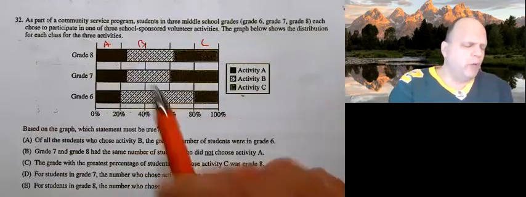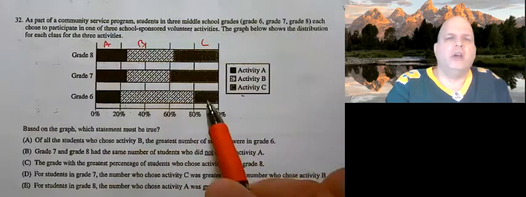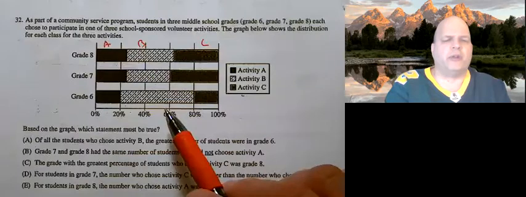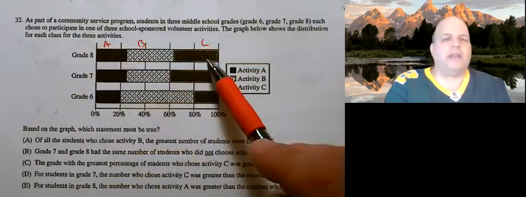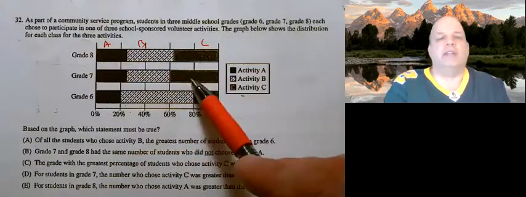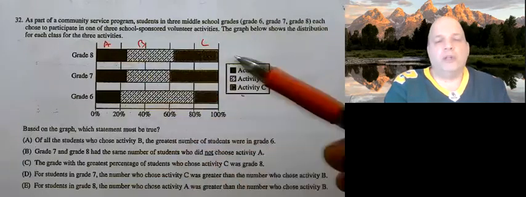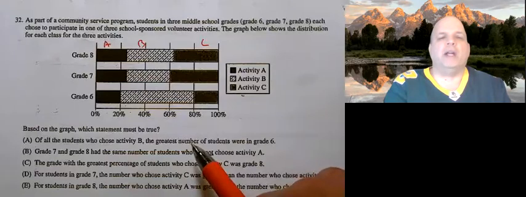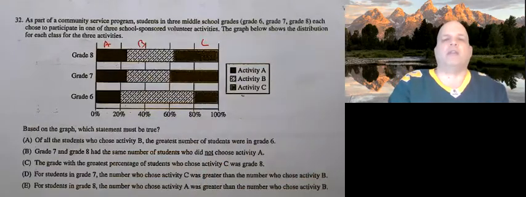Now notice, we know the percentages, but we have no idea as to how many 8th graders, 7th graders, or 6th graders there are. There might be 1,000 8th graders and 5 7th graders, or we just don't know. Of all the students who chose activity B, the greatest number of students were in grade 6.